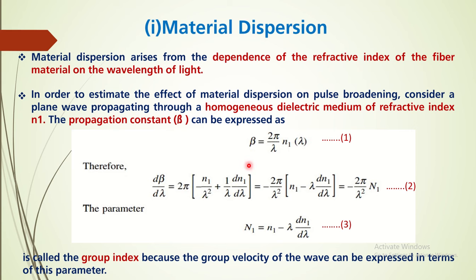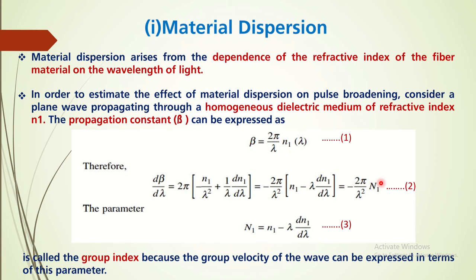Therefore, if I differentiate this beta with respect to lambda, d beta by d lambda equals 2 pi times minus n1 divided by lambda square plus 1 by lambda into dn1 by d lambda. If I simplify it, you will get minus 2 pi by lambda square times n1 minus lambda dn1 by d lambda. I am going to consider the value within the bracket as capital N1.